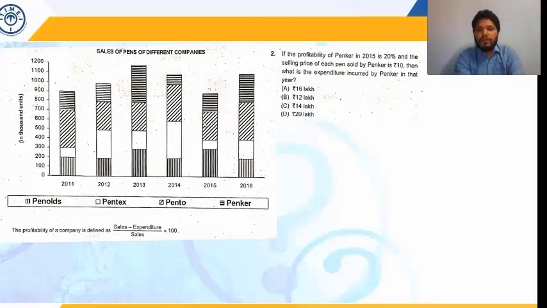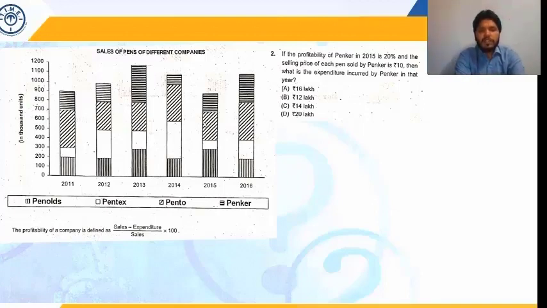So what is question number 2? If the profitability of Panker in 2015 is 20% and the selling price of each pen sold by Panker is rupees 10, then what is the expenditure incurred by Panker in that year? So we are talking about 2015 in question number 2.